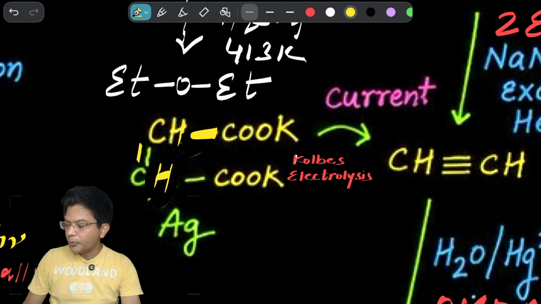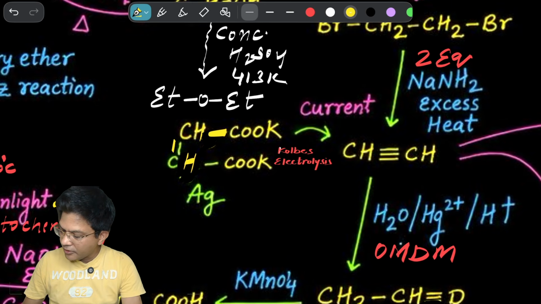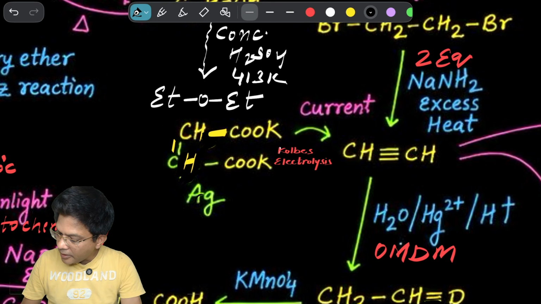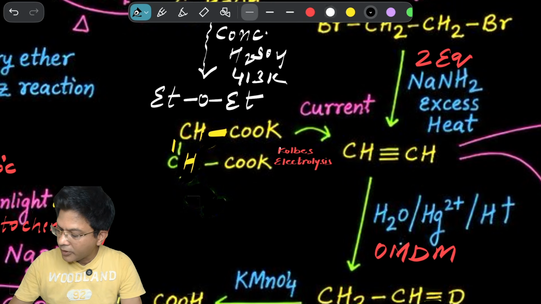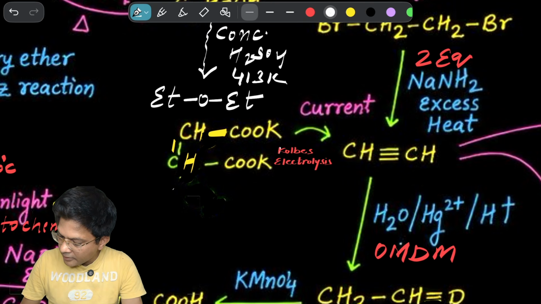Its name is potassium maleate. What is the name, kids? Potassium maleate. The silver should not be there, so let me rub it. No silver. This compound's name is potassium maleate.